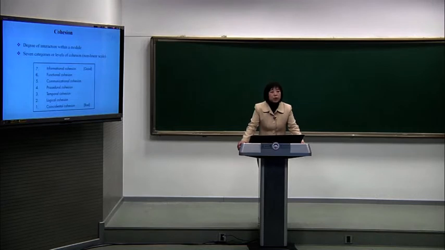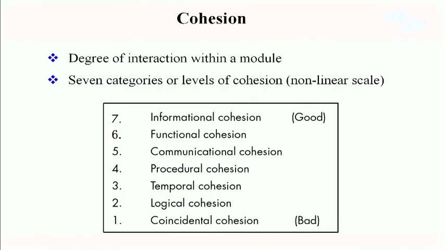Okay, coherence. Let's learn coherence in detail. Coherence is the degree of interaction within a module. There are 7 categories or levels of coherence.